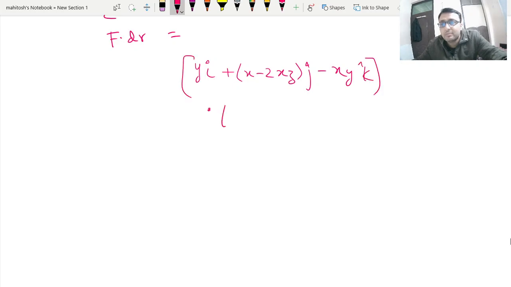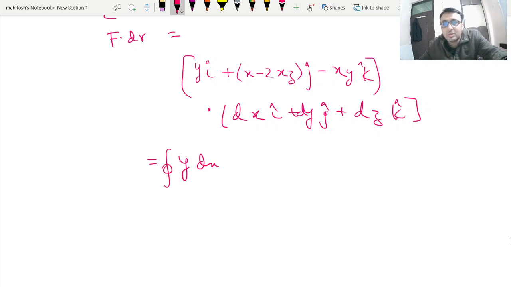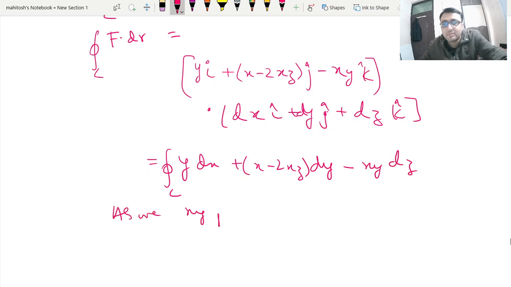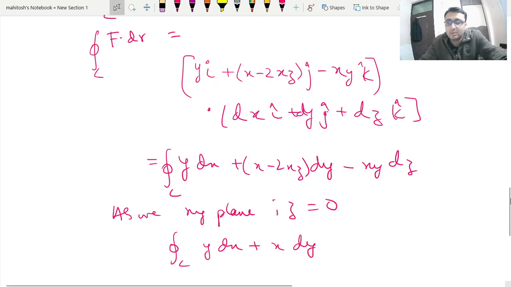Now you do the dot product with dx i cap plus dy j cap plus dz k cap, so this is nothing but your y dx plus x minus 2xz dy minus xy dz. So above the xy plane z is equal to 0, so you end up with this line integral.